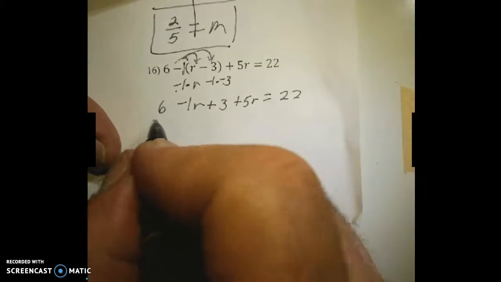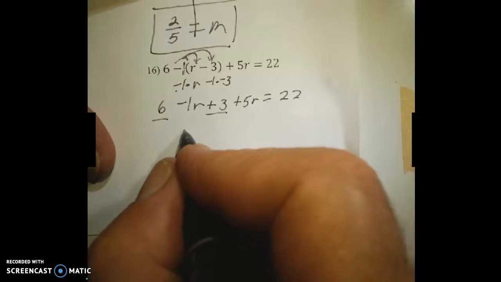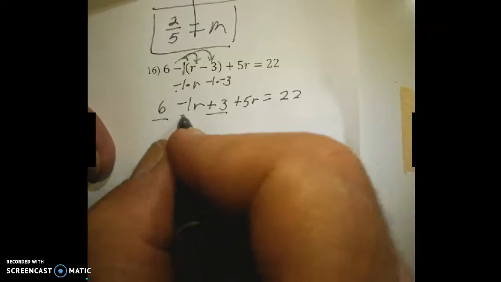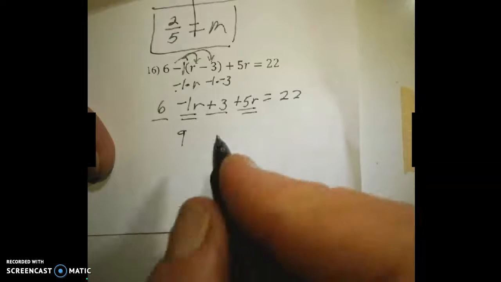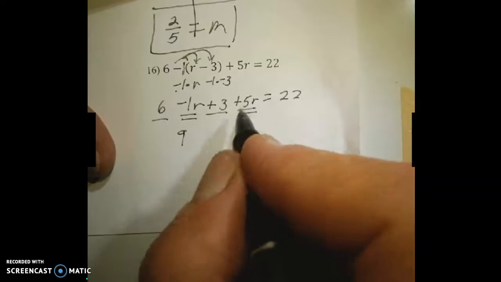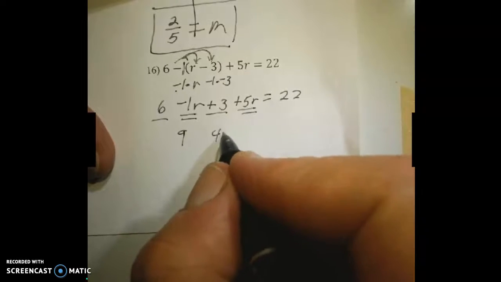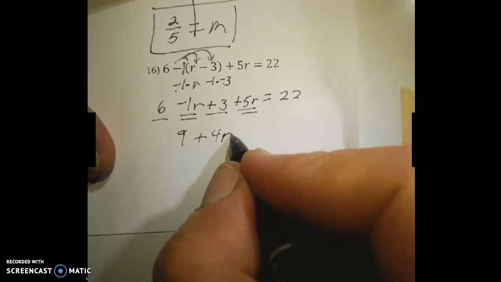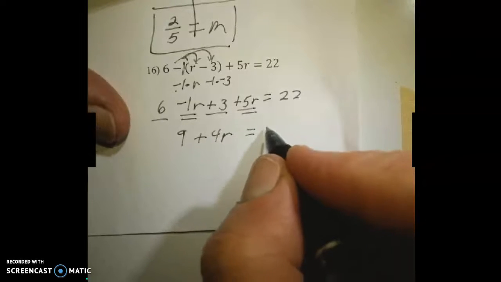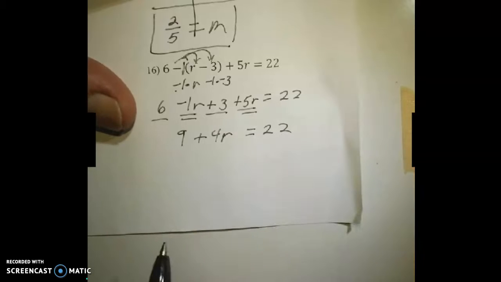Combine the like terms. 6 plus 3 is 9. -1r plus 5r, they're different signs, so you need to subtract. 1 from 5 is 4. The larger amount is the positive, so it's plus 4, and it is 4r equals 22.